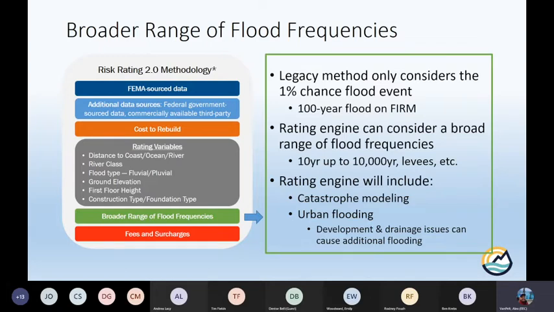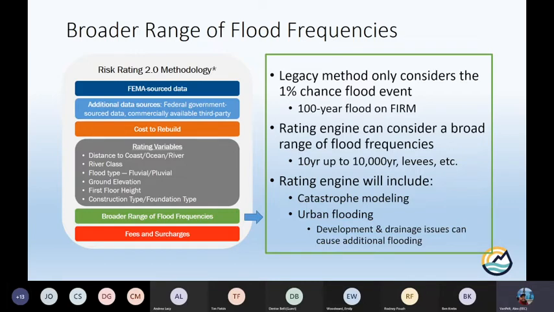So development, drainage issues, things like that can cause additional flooding because you have that additional impervious surface. Stormwater systems require ongoing maintenance to make sure they're functioning properly, where you're cleaning out culverts and manning your storm sewers and things like that. So that type of flooding is also going to be considered now.